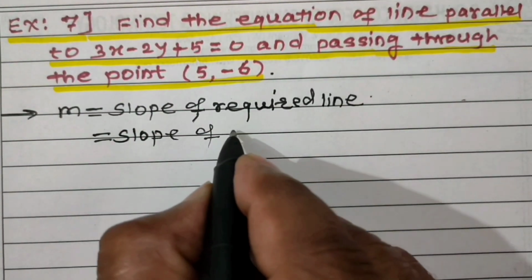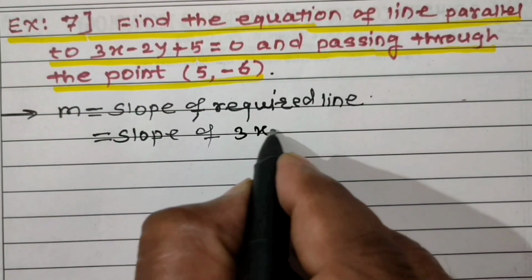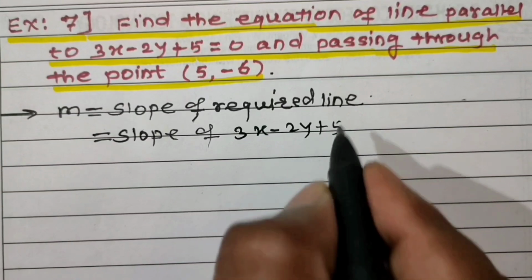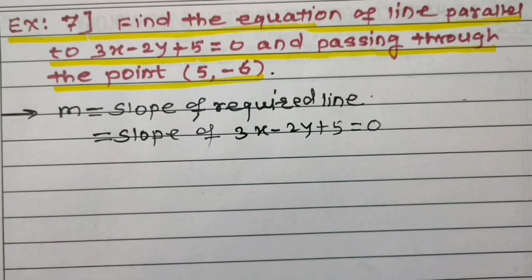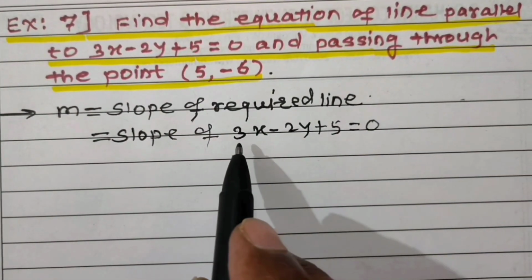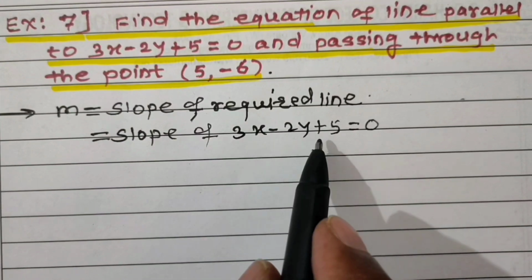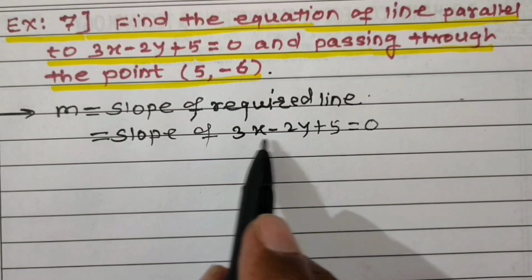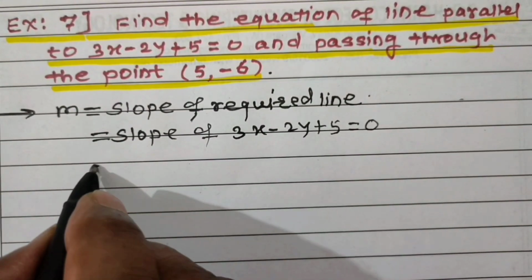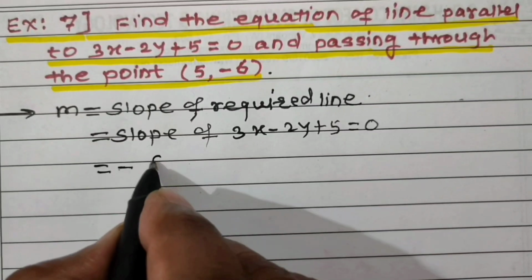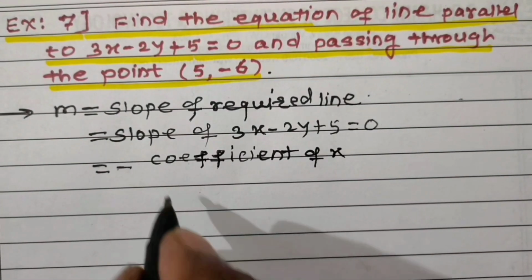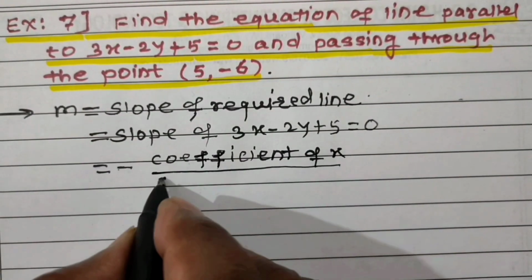The equation of this line is 3x minus 2y plus 5 is equal to 0. Considering this in the form of a general line, the slope of this line will be equal to minus the coefficient of x divided by the coefficient of y.